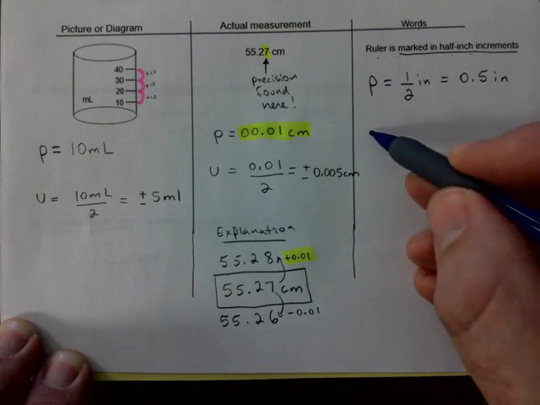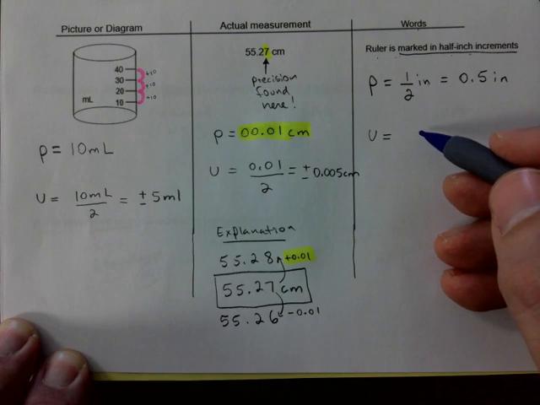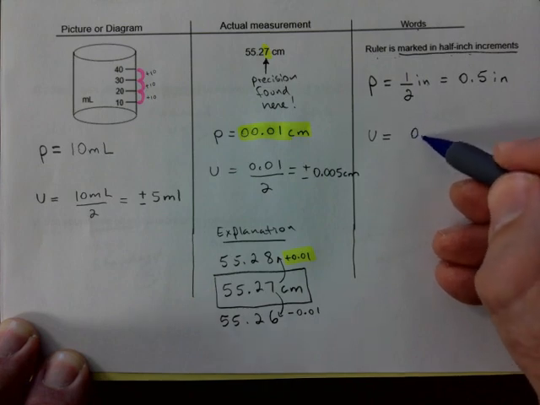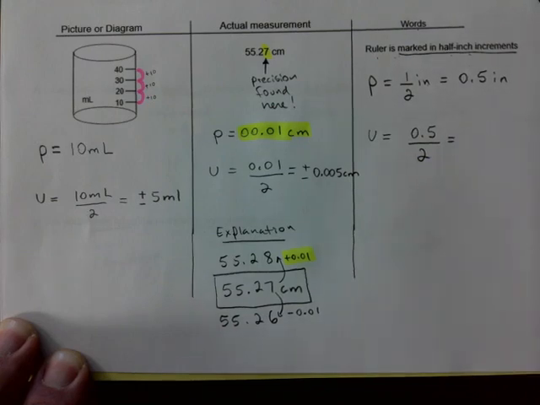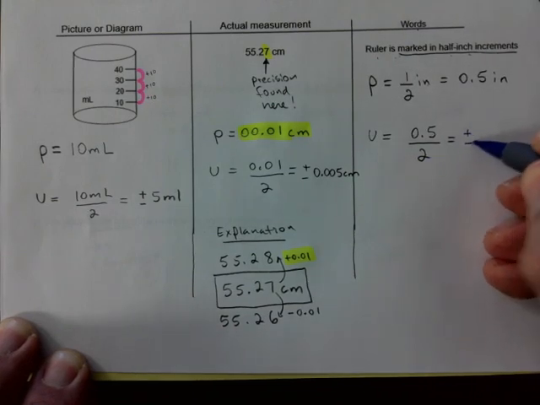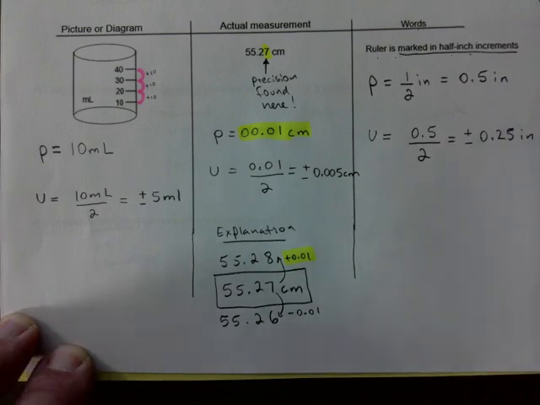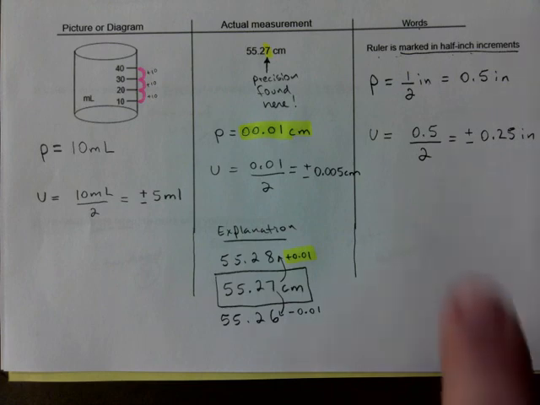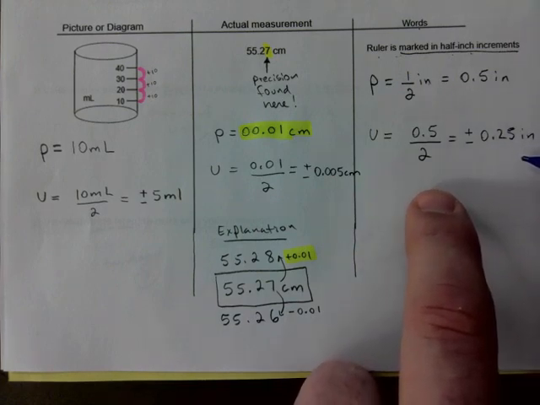How would you write the uncertainty from that? Remember this? Uncertainty is always taking your precision, dividing it in half. That would be plus or minus 0.25 of an inch. There's your measurement, your precision, and your uncertainty stated right there.